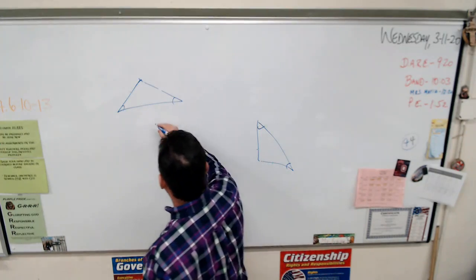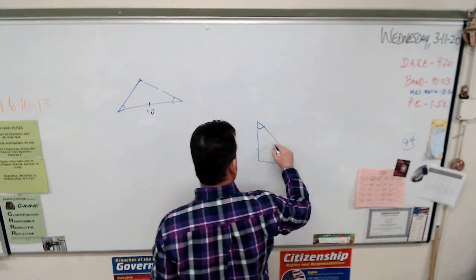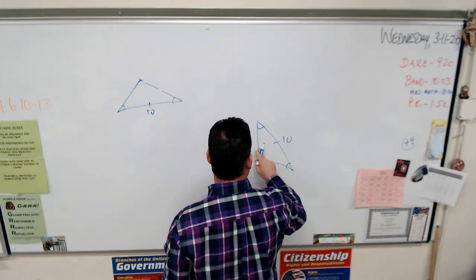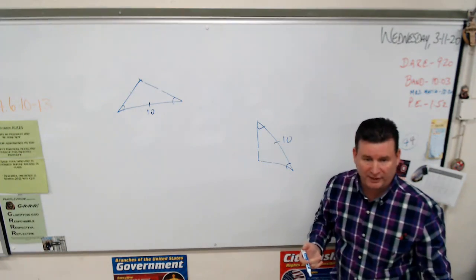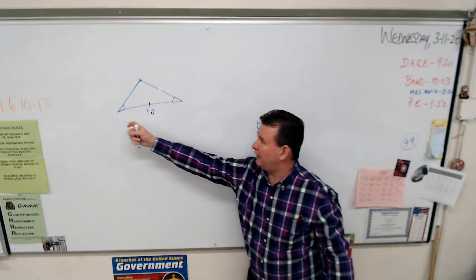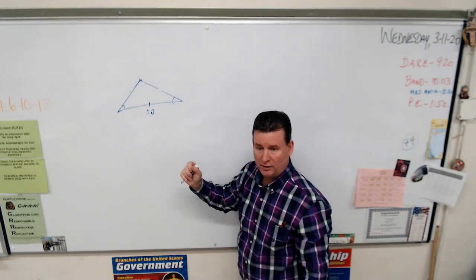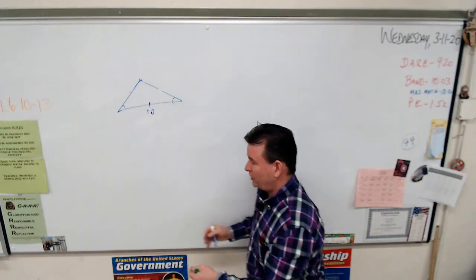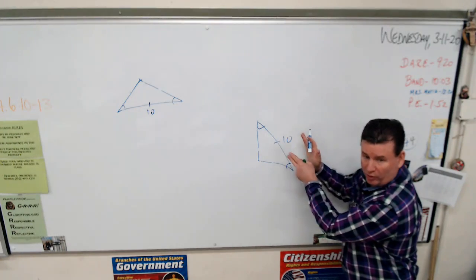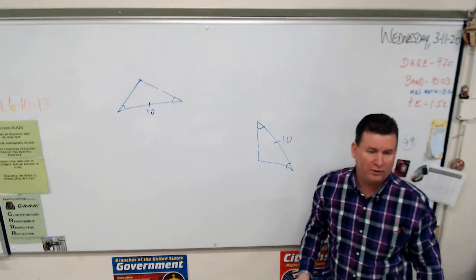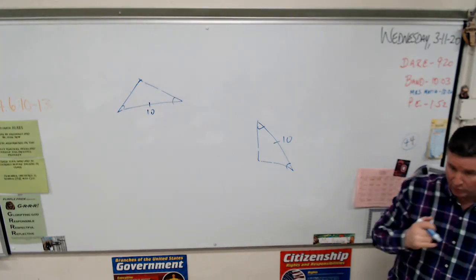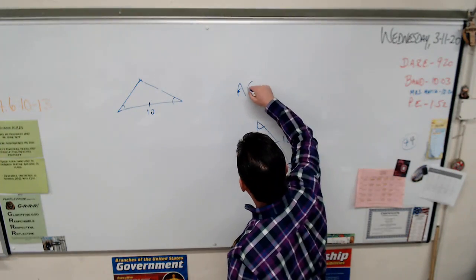And they told me that this was 10 and that was 10. You know how I would prove it then? Angle, side, angle. Two angles and the side they share, if those are congruent, then both triangles are congruent. So this would be angle, side, angle.